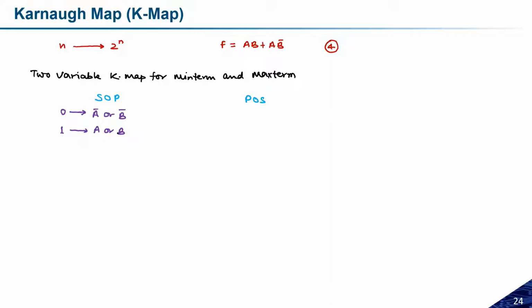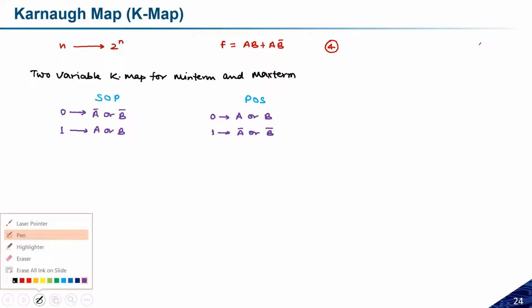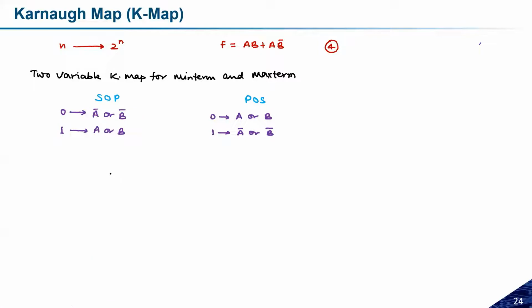But if I'm talking about the POS, to represent 0, I have to use A or B, and similarly for 1, I have to use A bar or B bar. So this is the first difference between the SOP K-map and the POS K-map. Now let us try to draw the K-maps and understand how to show them.